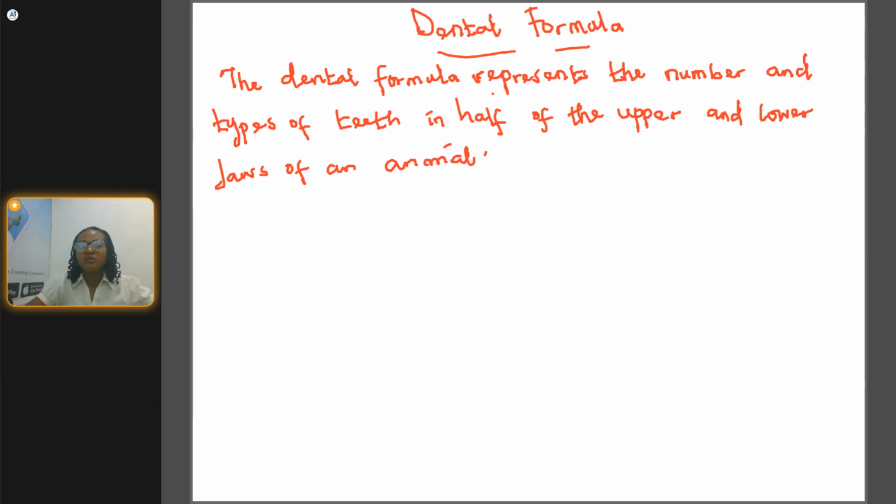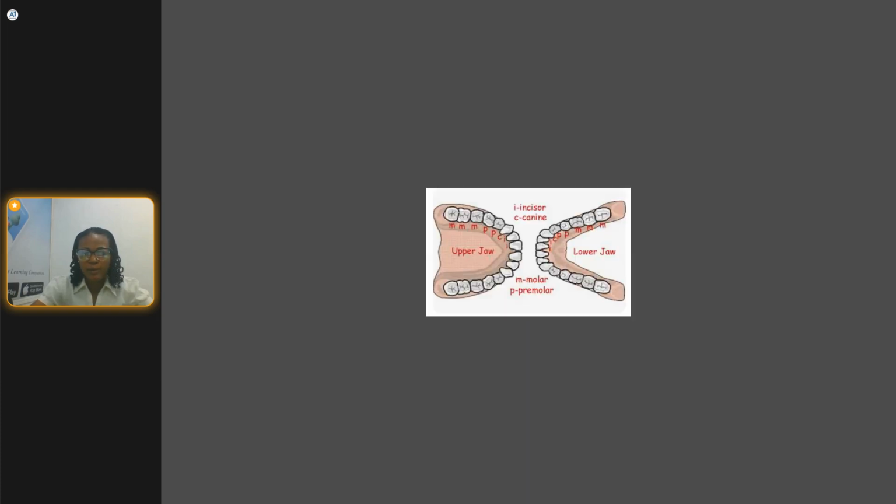Okay, so the dental formula represents the number and types of teeth in half of the upper and lower jaws of an animal. I'm going to show you this diagram again, that of sheep, so you can see what I mean by the dental formula.